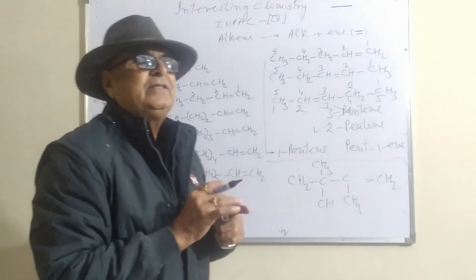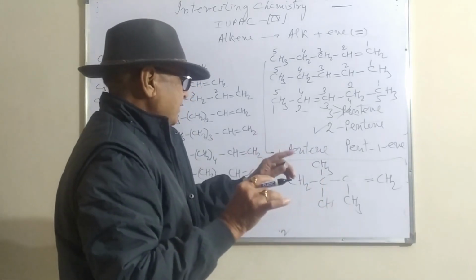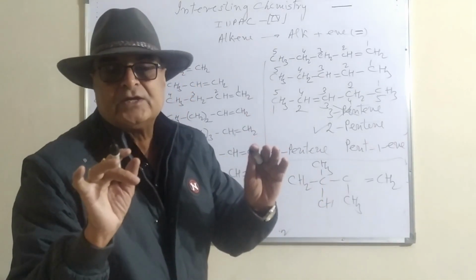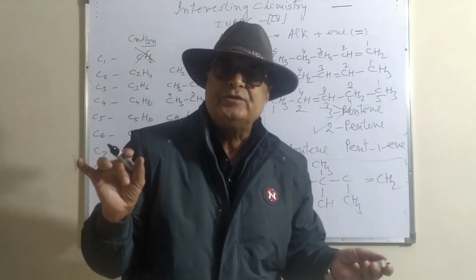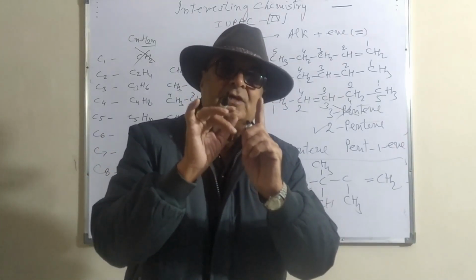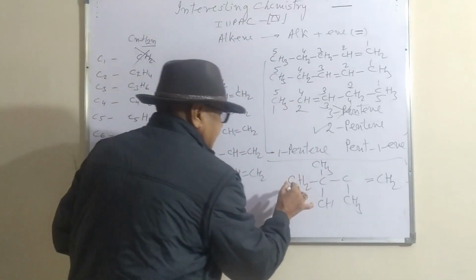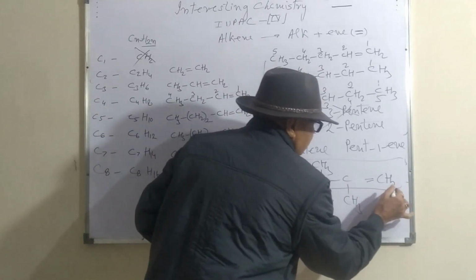If you want to write this name, first of all, what will you do? First you select the longest chain, as I told you in the alkenes. So you find that this is the longest chain.